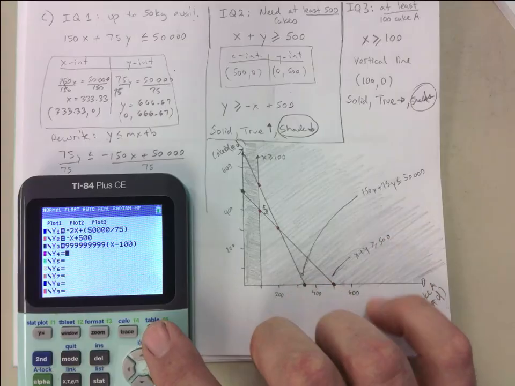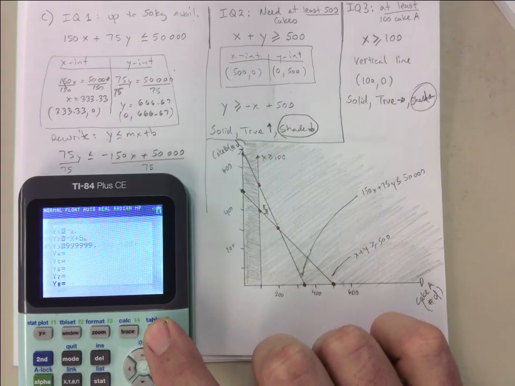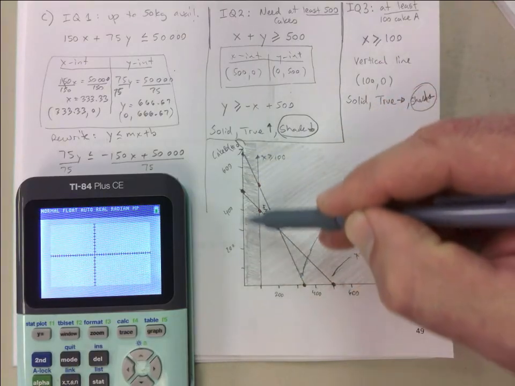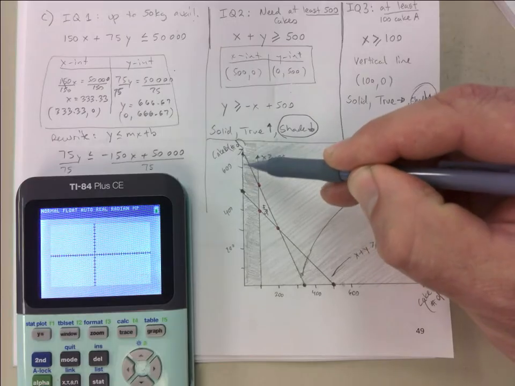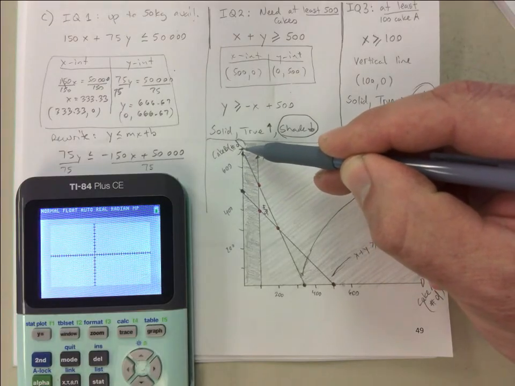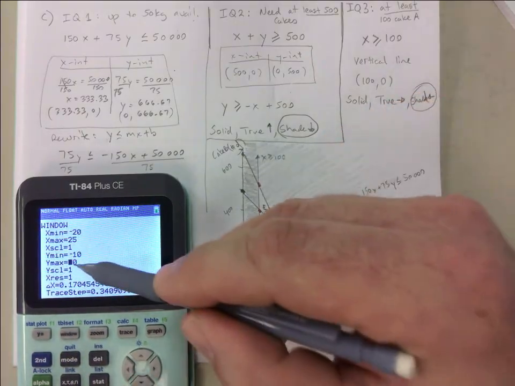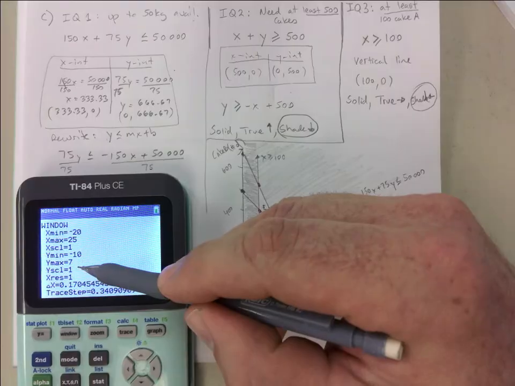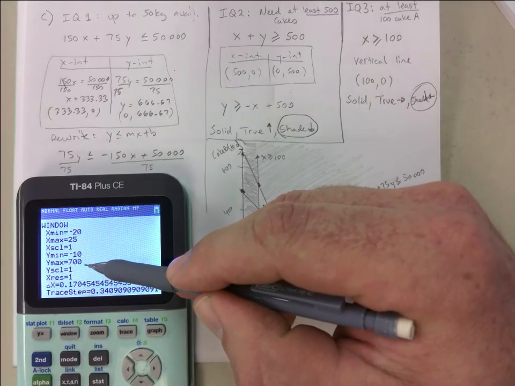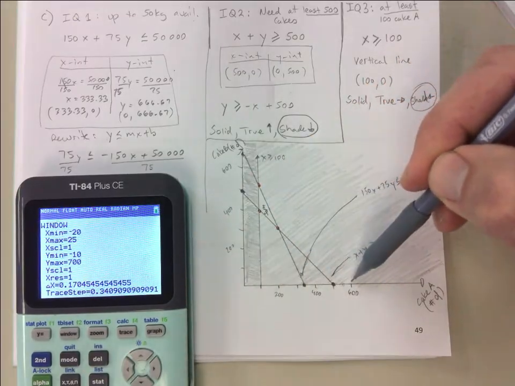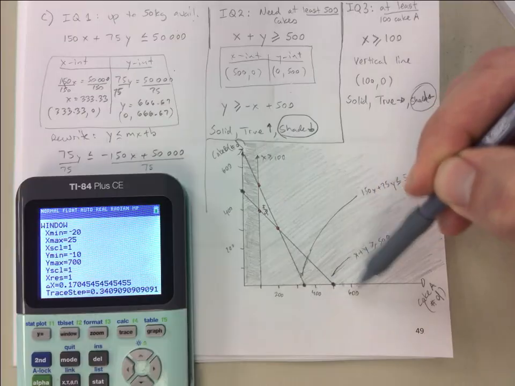Let's graph this now. I don't see a thing. Remember, this is a good window. What should be my Y max on my window? It should be like 700, right? So we're going to go to our window, and my Y max, I'm going to set that to 700. And my X max should go to 600 or something in that neighborhood.